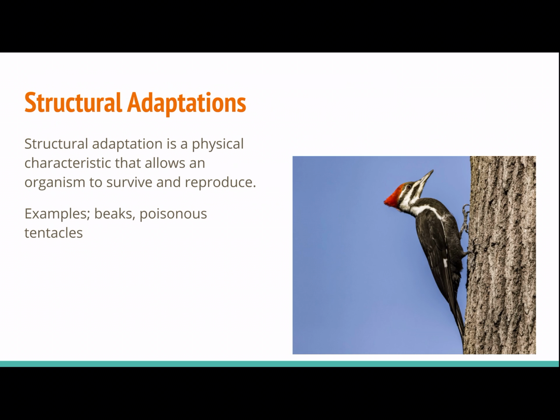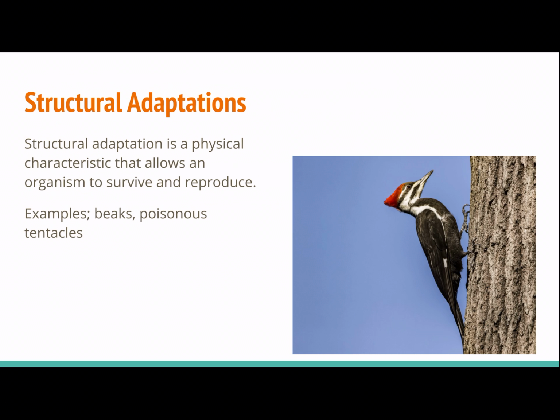The next type of adaptation we're going to talk about is a structural adaptation. You'll notice the woodpecker on 329 in Figure 1 has a long beak. That's actually a structural adaptation. A structural adaptation is a physical characteristic that allows an organism to survive and reproduce.